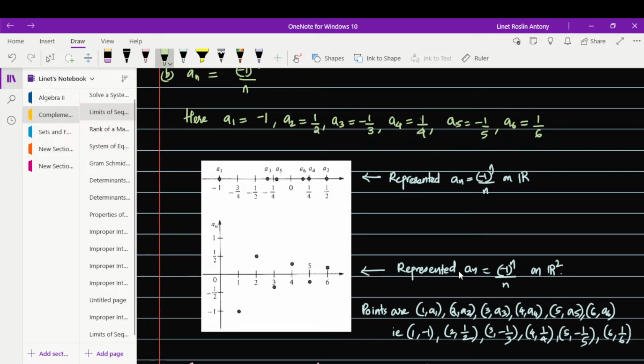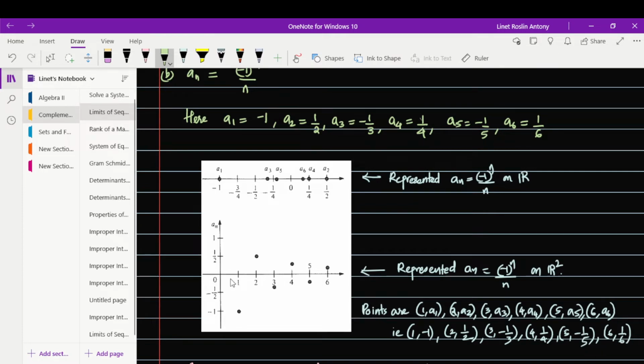And in the second case, we are representing the same sequence an is equal to minus 1 raised to n by n on R2. So the points, as earlier said, will be of the form ordered pair 1 comma a1, ordered pair 2 comma a2, etc., ordered pair 6 comma a6. And here we have ordered pair 1 comma minus 1, ordered pair 2 comma 1 by 2, ordered pair 3 comma minus 1 by 3, ordered pair 4 comma 1 by 4, ordered pair 5 comma minus 1 by 5, ordered pair 6 comma 1 by 6.